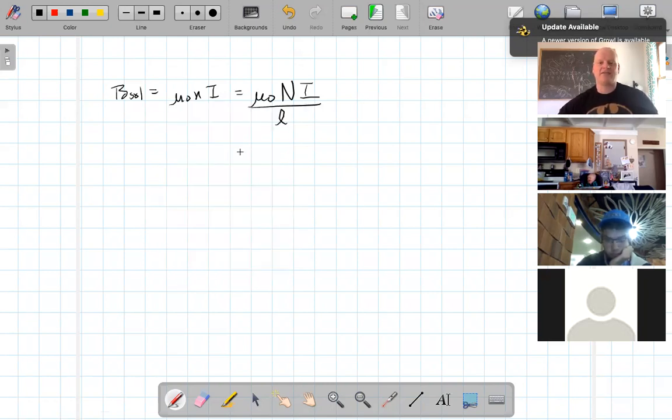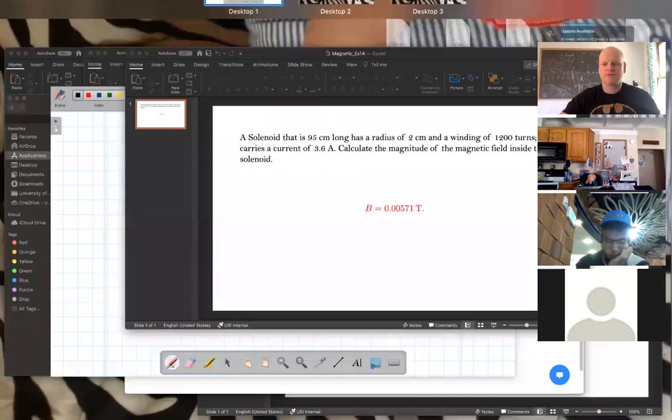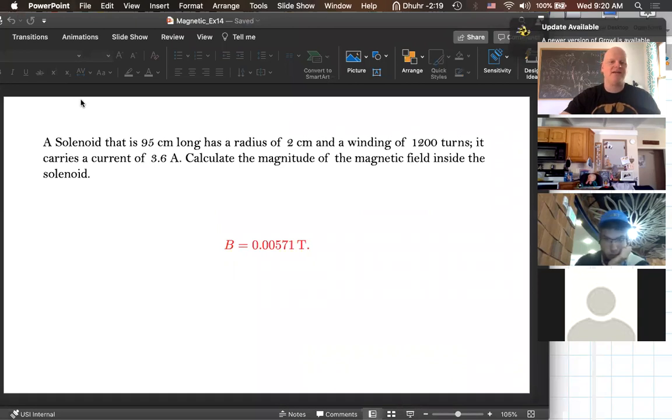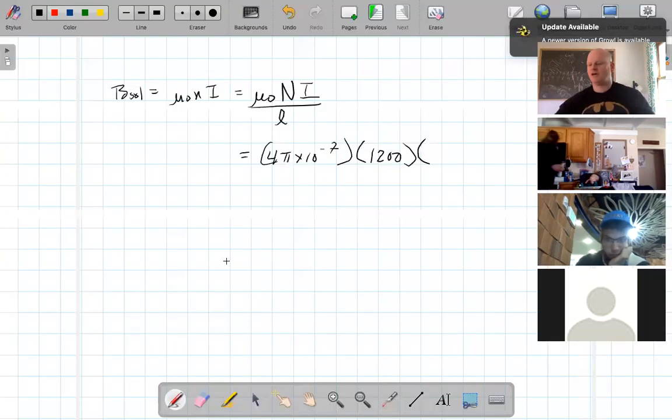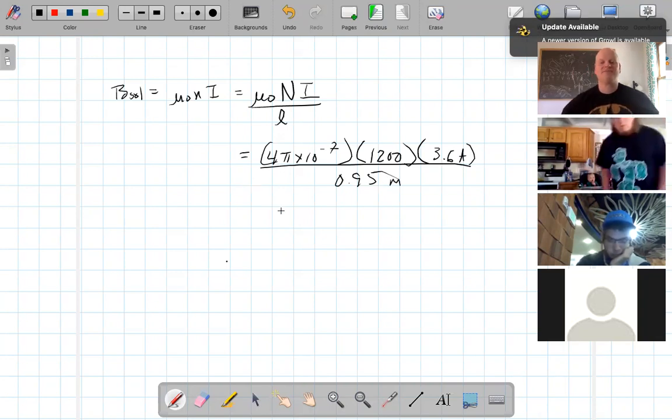So that means our magnetic field is equal to mu naught, which is 4 pi times 10 to the minus 7, times our number of loops, which was 1,200, times our current, which was 3.6 amps, divided by the length, 95 centimeters, or in this case, 0.95 meters.